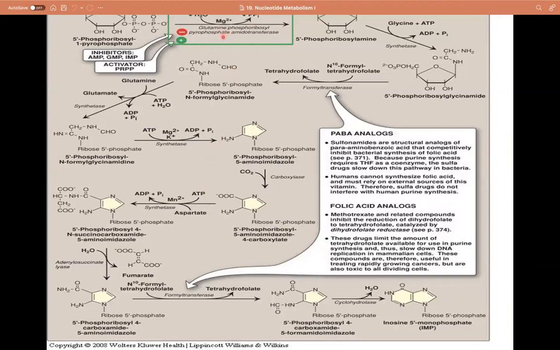Now, what is this step? This step is the production of 5-phosphoribosylamine. Now, what happens here? The PRPP, the phosphate group in the PRPP, is replaced by an amino group coming from the glutamine. So you notice how there's a glutamine, which then becomes a glutamate, and it's leaving with a phosphate group.